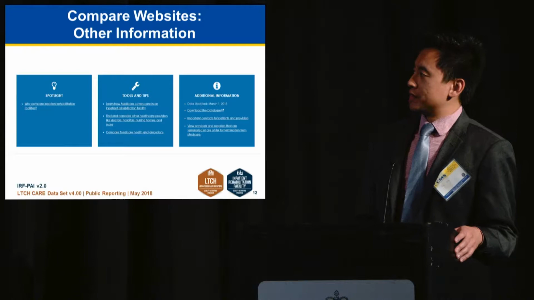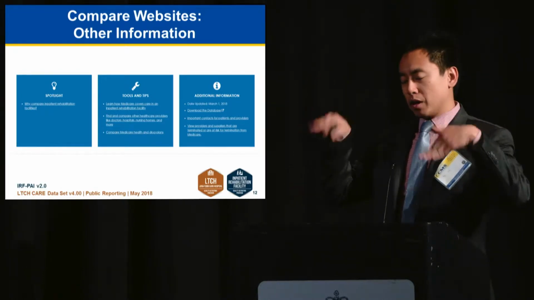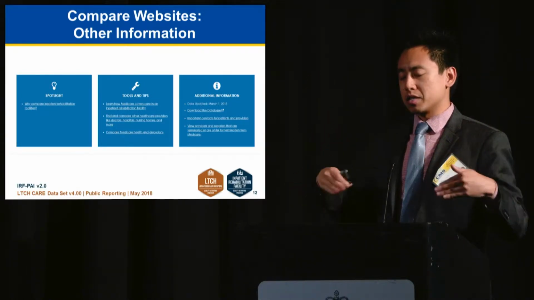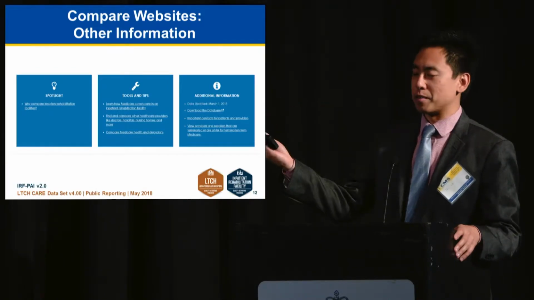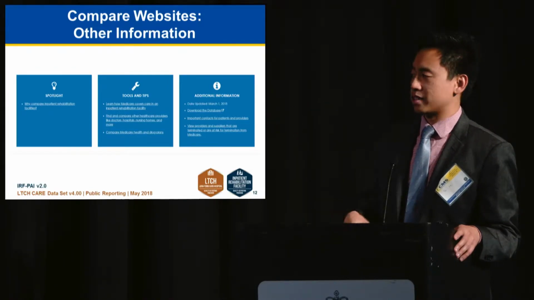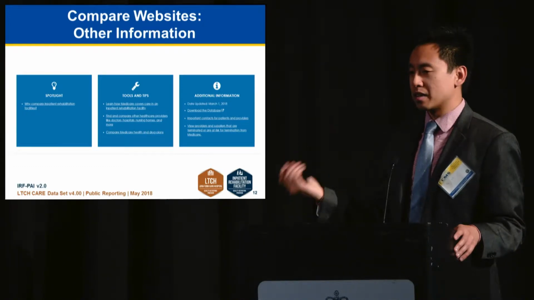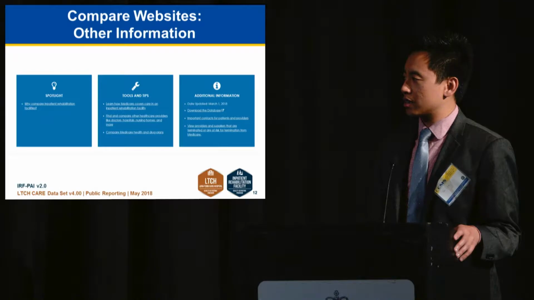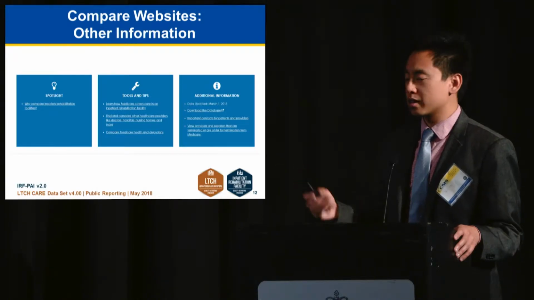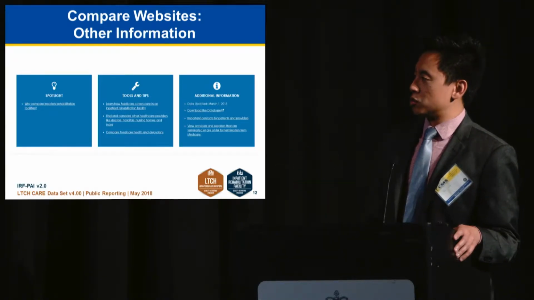At the home page, below where you search for a facility, there's additional information. Spotlights are pretty much the announcements, for example new quality measures that are available, or any other announcements. In the middle is tools and tips.